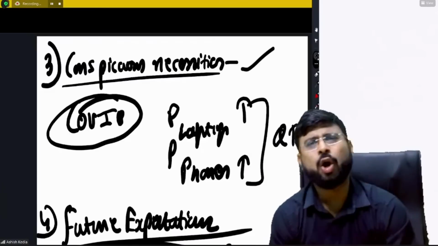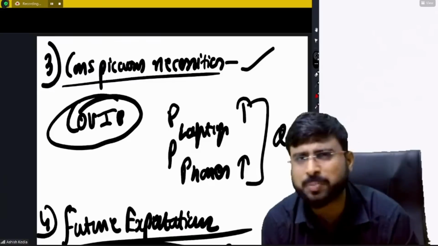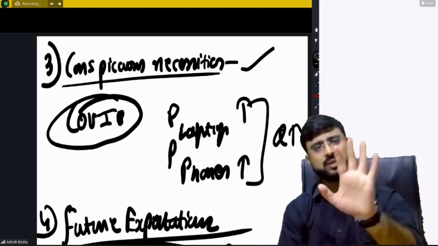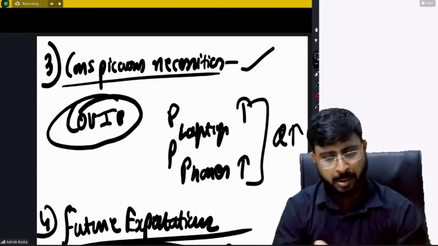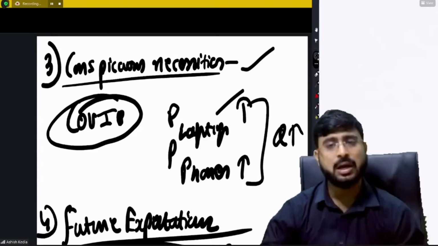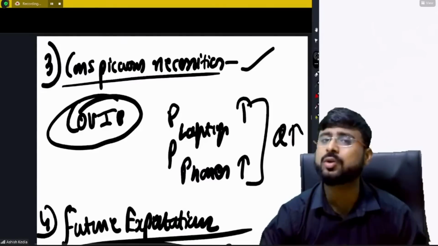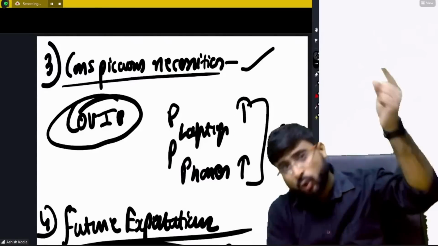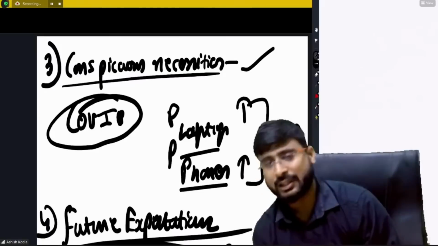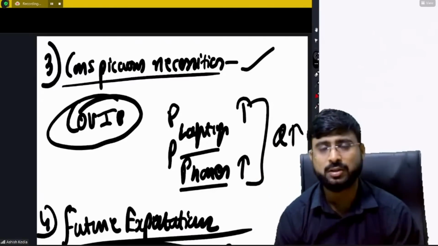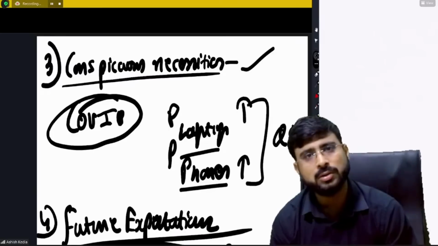My dear friends, all of you know that laptops and phones are not a necessity. But think of COVID times. The price of laptops was rising, the price of phones was rising, yes or no? But during COVID, the same laptop and same phone became a necessity because online class remained the only option. Offline, you could not go.